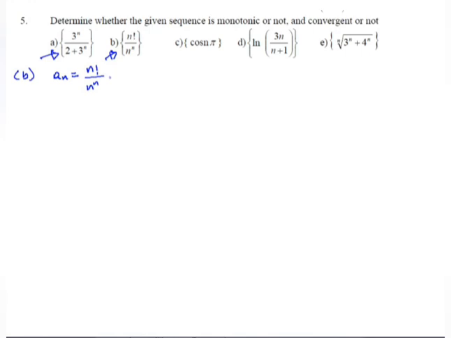So we use the ratio test to check monotonicity.